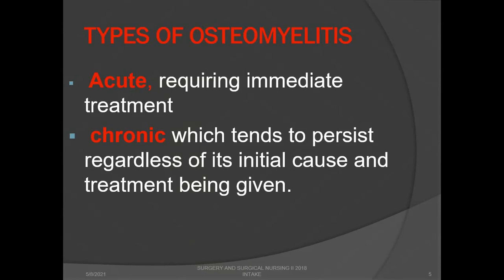So if somebody comes with acute osteomyelitis and is not treated immediately, it develops and becomes chronic osteomyelitis. And when it develops to chronic osteomyelitis, it tends to persist regardless of the initial cause and treatment being given. So it persists despite treatment. Due to that, it can cause complications such as amputation. So that's what it is.